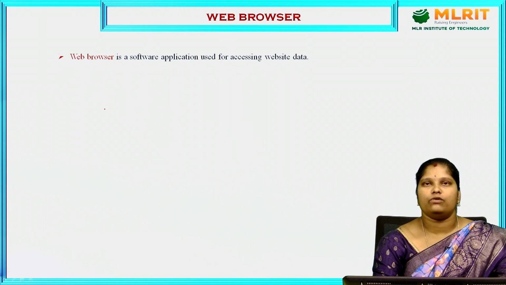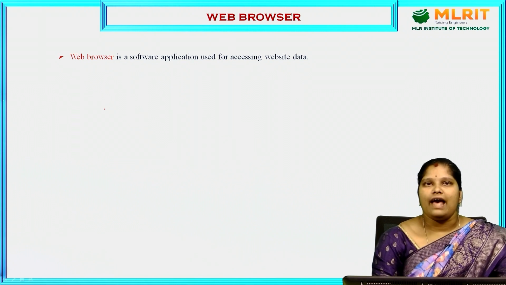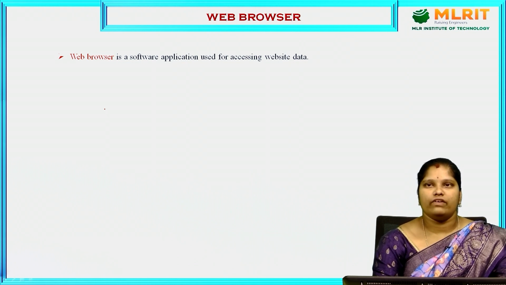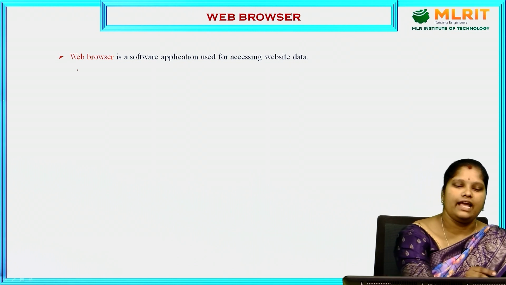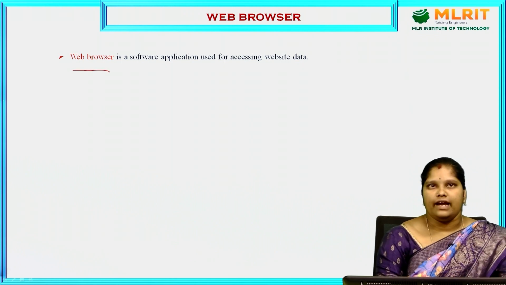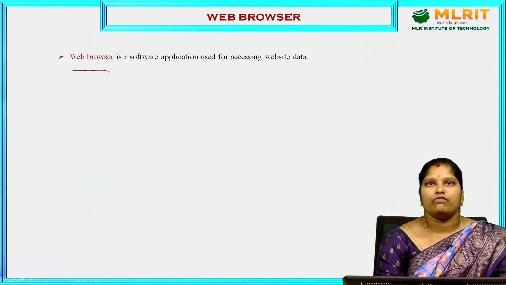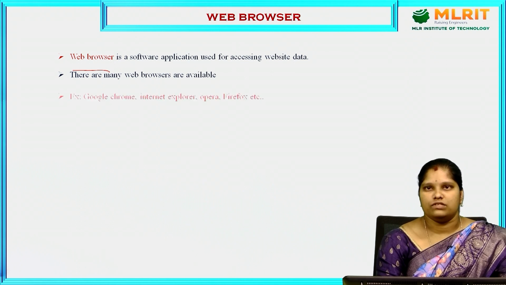Next one is the web browser. Why do we need to use a web browser? For accessing any website we need one software application, that is called a web browser, right?